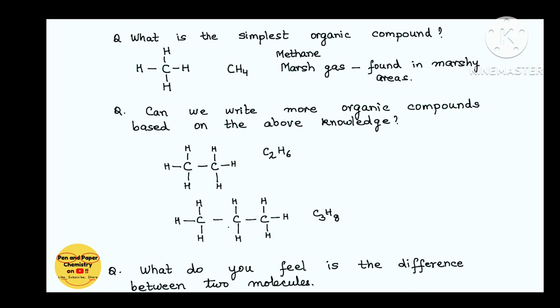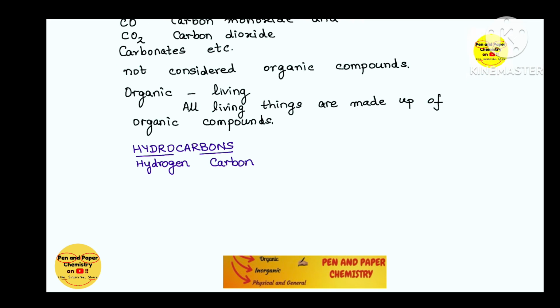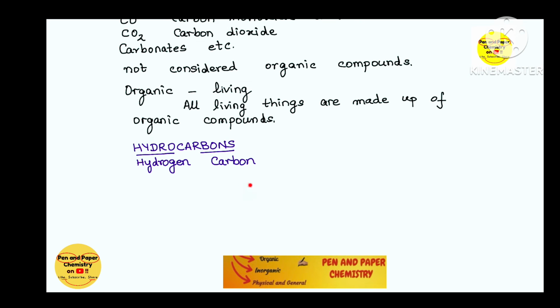Okay, what is the unique thing that you notice about all these molecules? What are the atoms that these molecules are made up of? Yes, they are all made up of hydrogen and carbon.